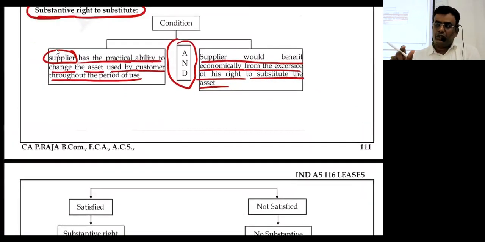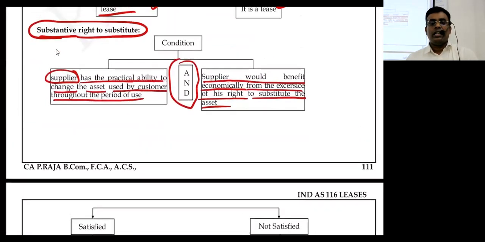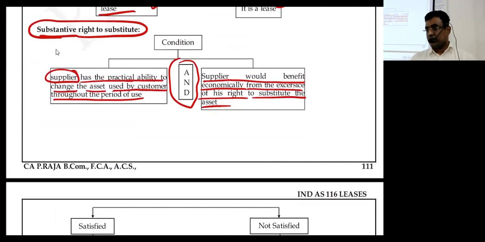Substantive rights to substitute the assets means the practical ability to change the assets used by the customer throughout the period of use. Here, only when something happens at a certain point can they be changed. Yes or no? And by doing that, the supplier will be economically benefited.